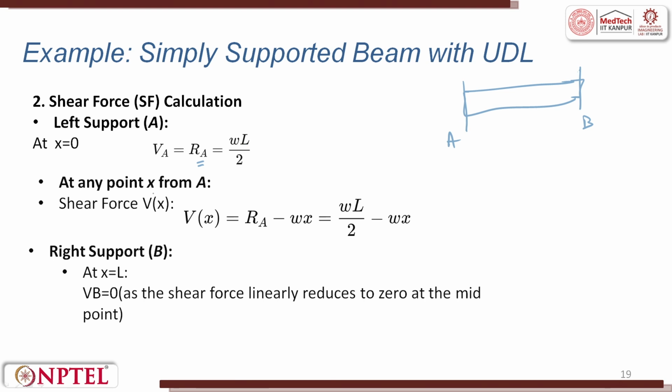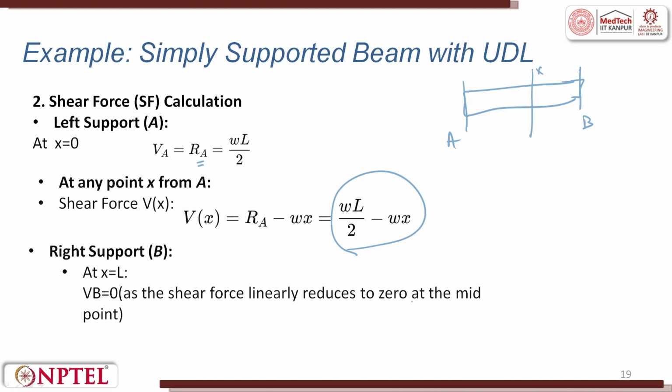At any point x from A, the shear force will be RA minus W into x, which is WL by 2 minus Wx. So, we are taking any point x in between. At the extreme end, VB is equal to 0, as the shear force linearly reduces to zero at the midpoint.